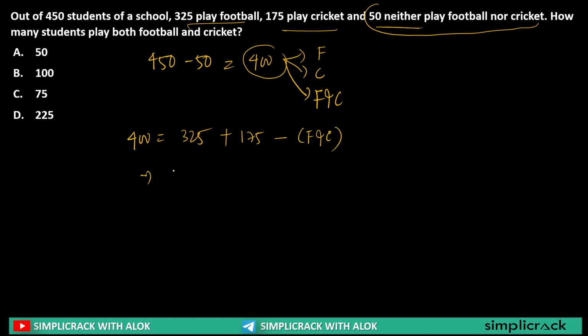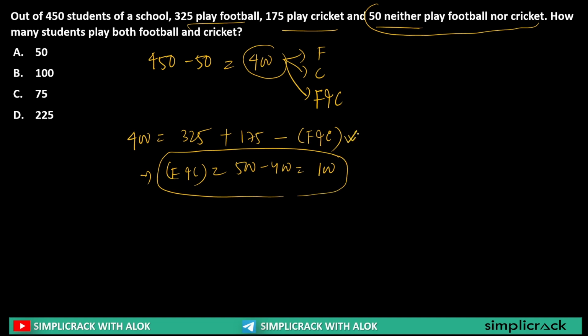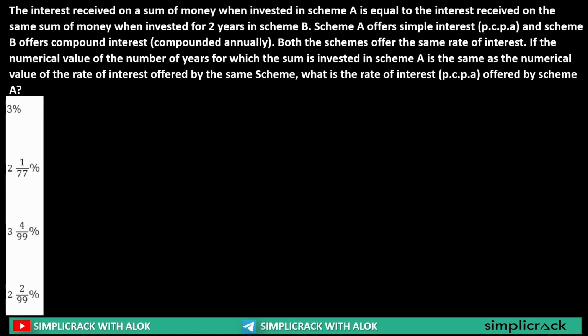So students playing football and cricket together is equal to 500 minus 400, which is 100. I hope you understand the concept of set theory over here. Football and cricket. Okay, so the answer is B.